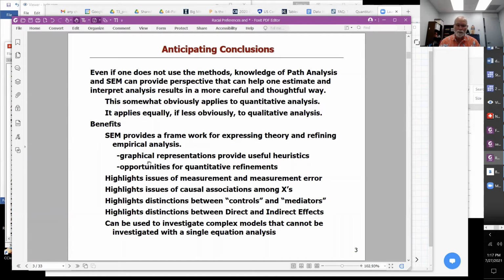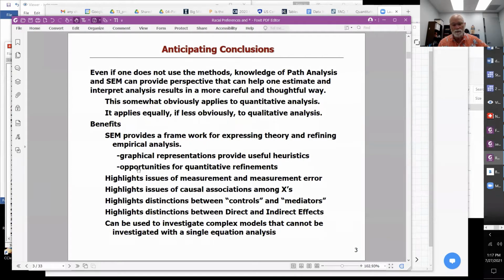The graphical representations are heuristics which can take your thinking and give it a visual representation, which often makes it easy to see, oh, there are gaps in my thinking, or there are ways to elaborate this. So just using the graphical tools sometimes can be useful, even if you never go on to quantitative analysis.